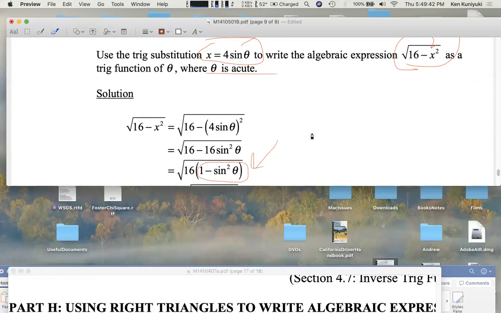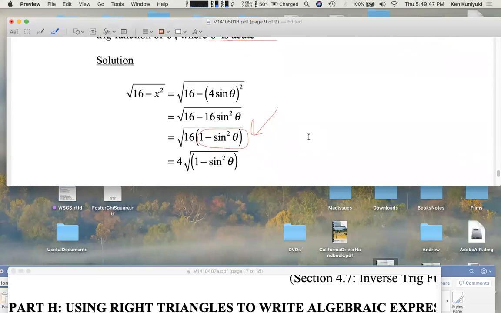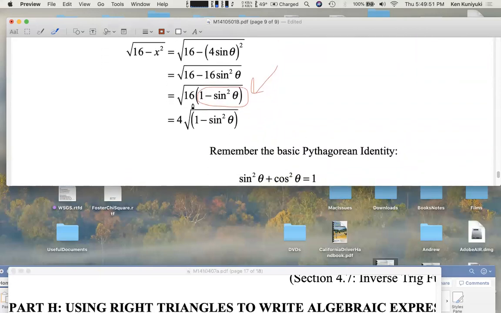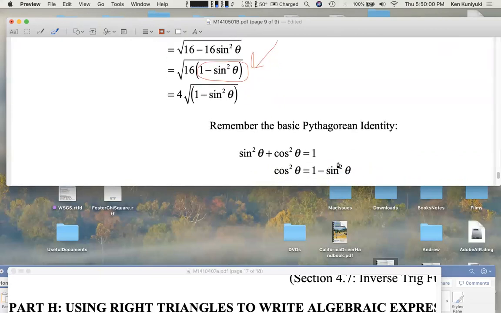That's cosine squared of theta, says Mr. Pythagoras. And by the way, the 16 pops out as a 4. The square root of 16 is 4.